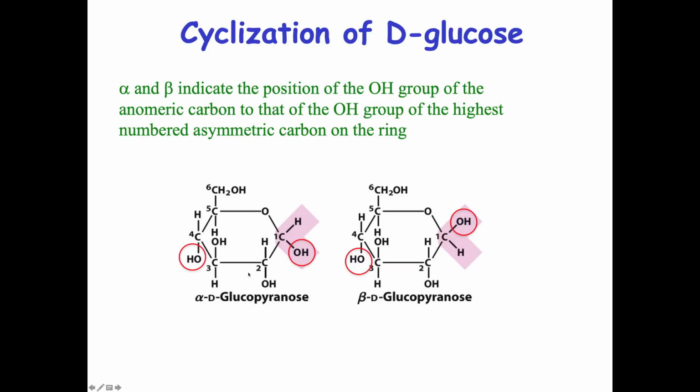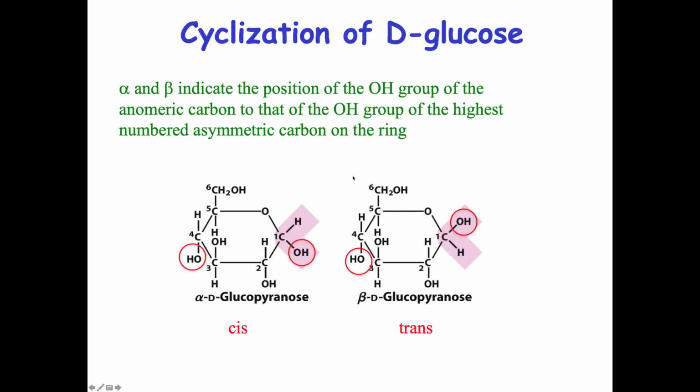These are on the same side, and this is alpha D-glucopyranose. So cis, or same side, gives you the alpha configuration. If this hydroxyl group is on the opposite side of the hydroxyl group of the highest asymmetric carbon, these are trans, and that gives you the beta form.